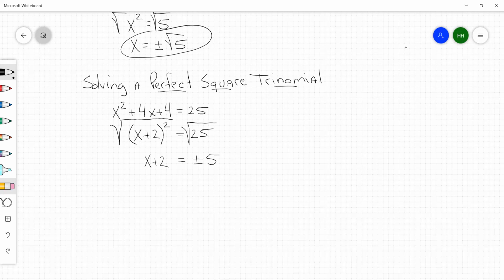The first equation would be that x plus 2 is equal to positive 5. The other equation is that x plus 2 is equal to the negative 5. And that's what that positive or negative symbol in front of the 5 means. And then you can solve each equation.